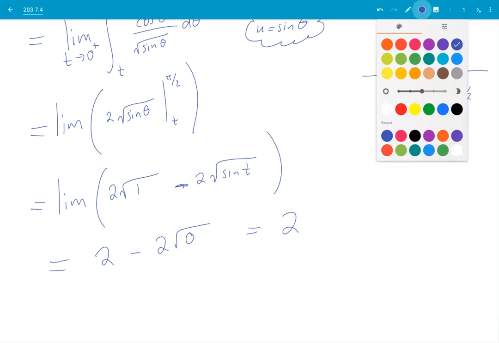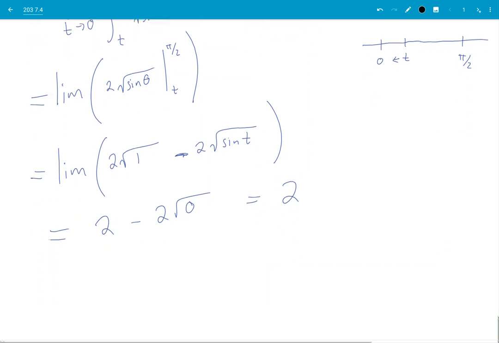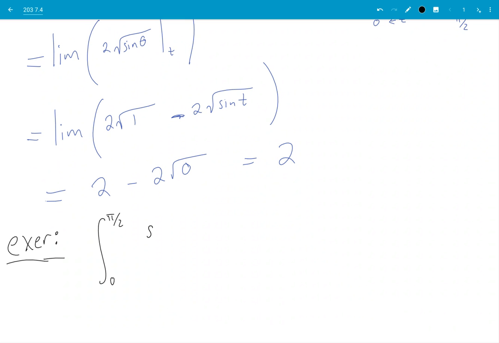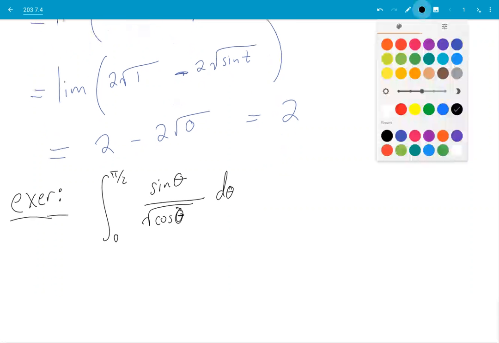Next, another example. Let's do rather an exercise here. Why don't we switch it up? The integral from 0 to pi over 2, we'll switch the cos and the sine around. What does this change? Well, quite a bit. I'll get you started here.